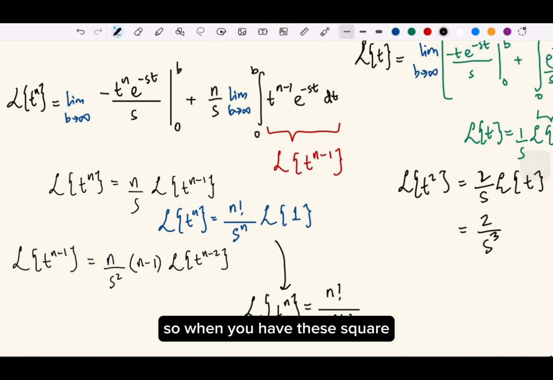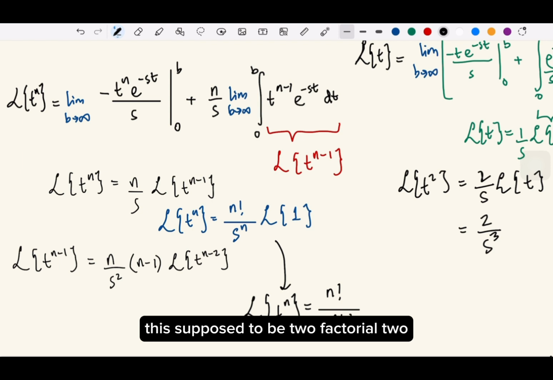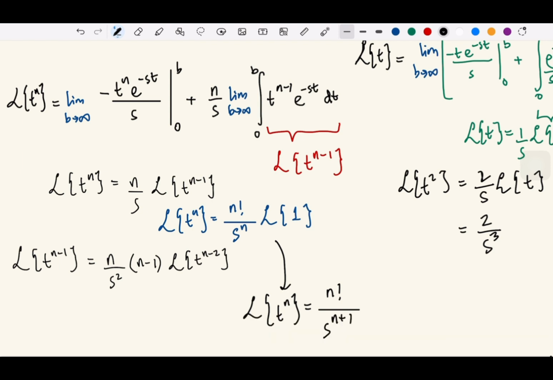So when you have t squared, this is supposed to be 2 factorial over s cubed, so 2 over s cubed.